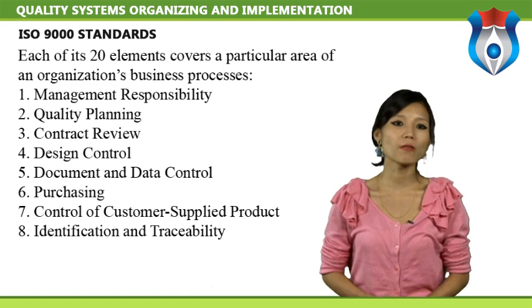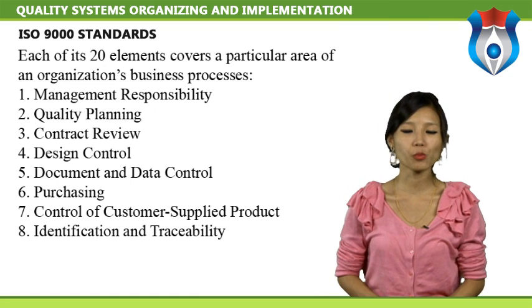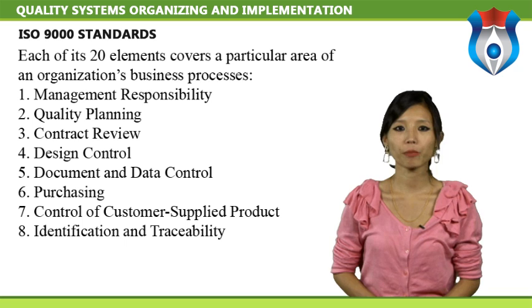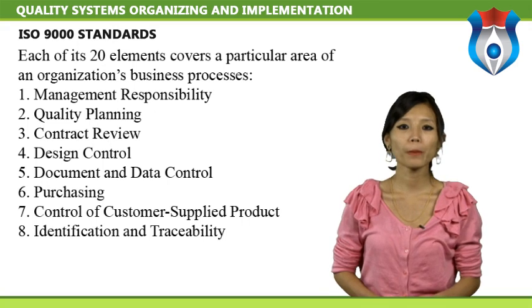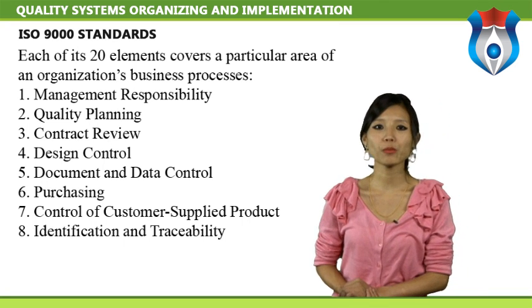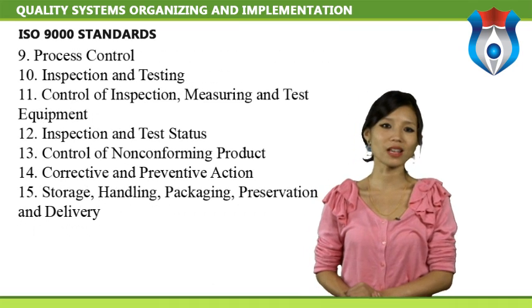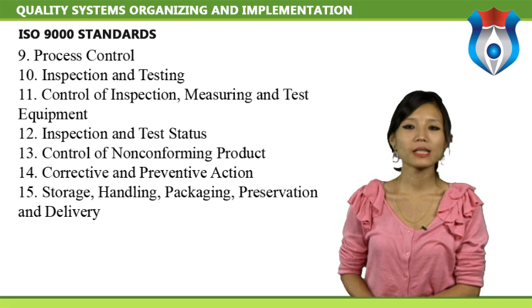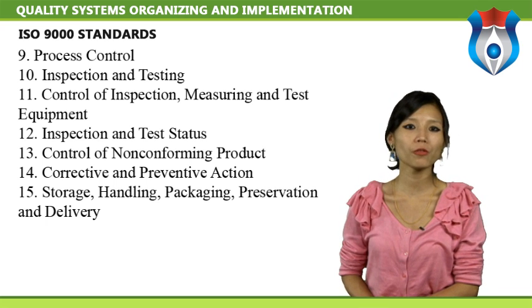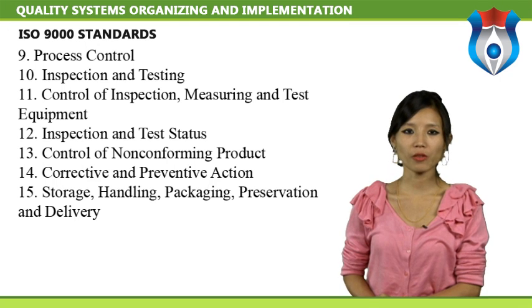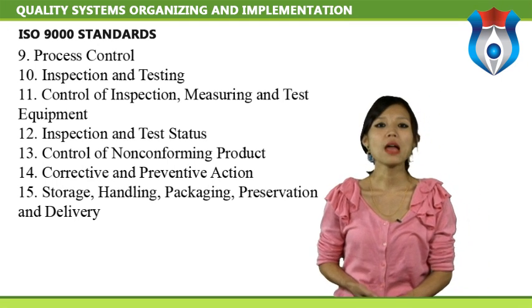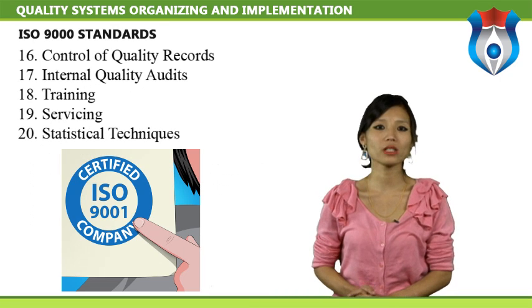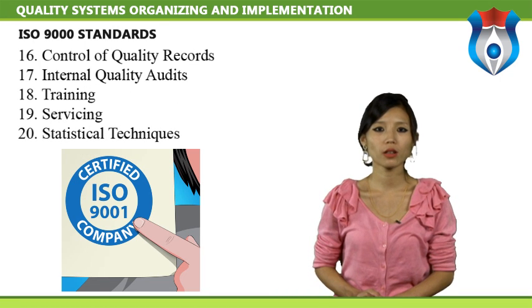Each of its 20 elements covers a particular area of an organization's business processes: management responsibility, quality planning, contract review, design control, document and data control, purchasing, control of customer supplied product, identification and traceability, process control, inspection and testing, control of inspection, measuring and test equipment, inspection and test status, control of non-conforming product, corrective and preventive action, storage, handling, packaging, preservation and delivery, control of quality records, internal quality audits, training, servicing, statistical techniques.